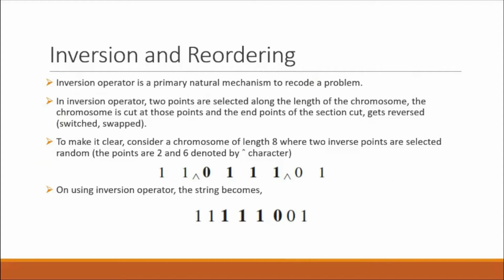In the inversion operation, 2 points are selected at random along the length of the chromosome, and then the chromosome is cut at these 2 points, and the substring is reversed. So that is the inversion. Like in this one, this is a chromosome, and inside it we are selecting 2 cutting points.